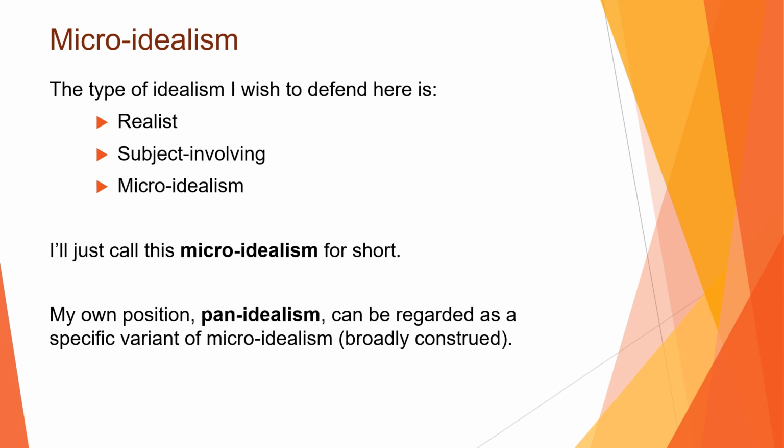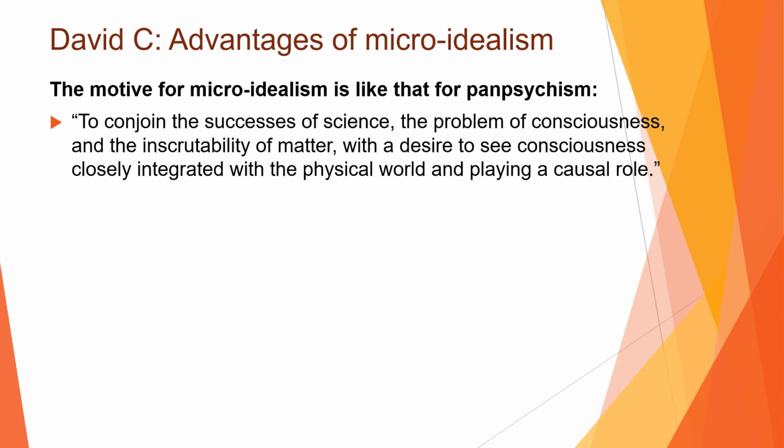I'll explain this in a moment. But before discussing my position, David Chalmers gives his assessments of the advantages and disadvantages of micro-idealism. For the most part, I'll be quoting him directly. First, the advantages.